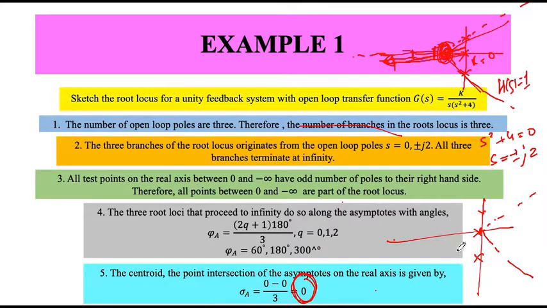Okay, so how will the root locus look? Well, this guy will start moving a little toward this direction. We will see what direction exactly it moves in, this direction or this direction.